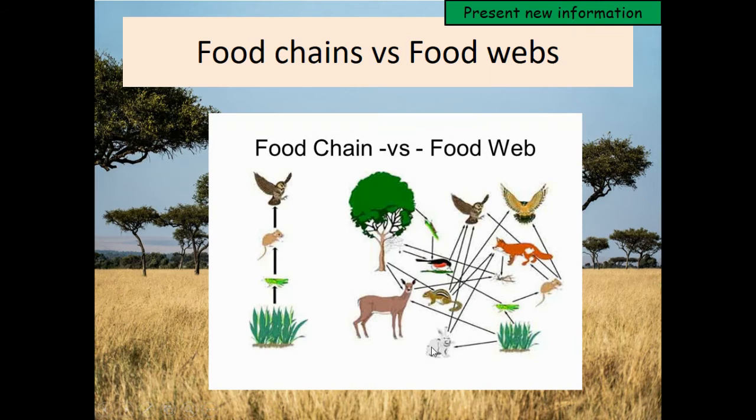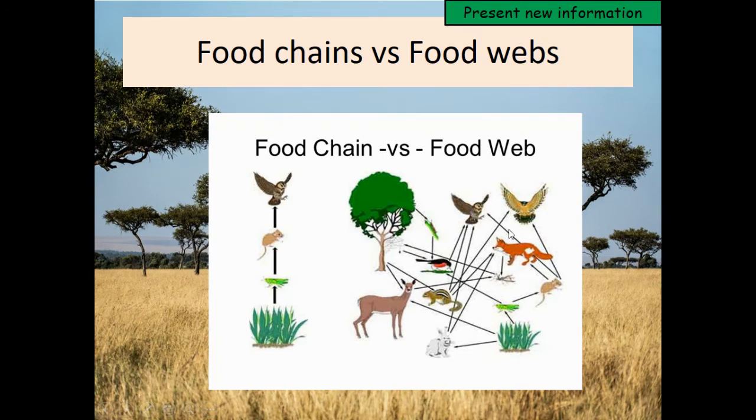Now let's follow this rabbit. So the rabbit could then be eaten by the fox or the owl. The cricket could be eaten by the mouse or the robin. The deer could eat the tree. This chipmunk could eat the tree, but then that could be eaten by the owl.